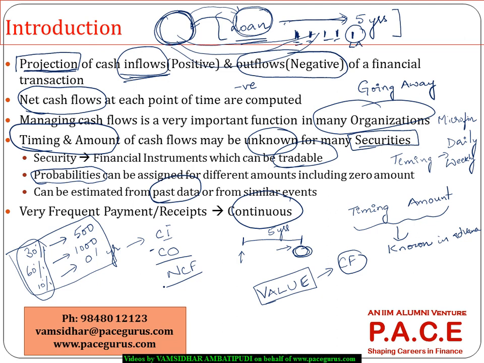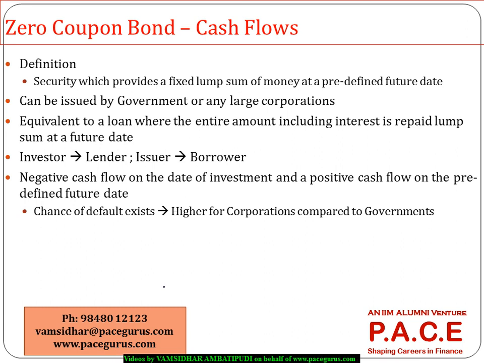Now we will see for various financial instruments, the very common financial instruments, what are the typical inflows and outflows associated with them. So to start with, we talk about a zero coupon bond.